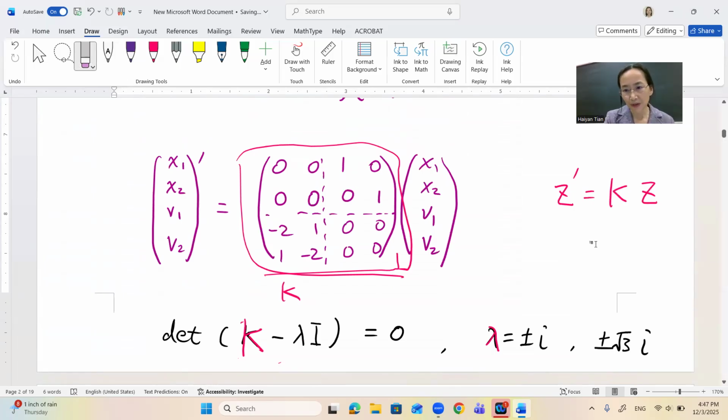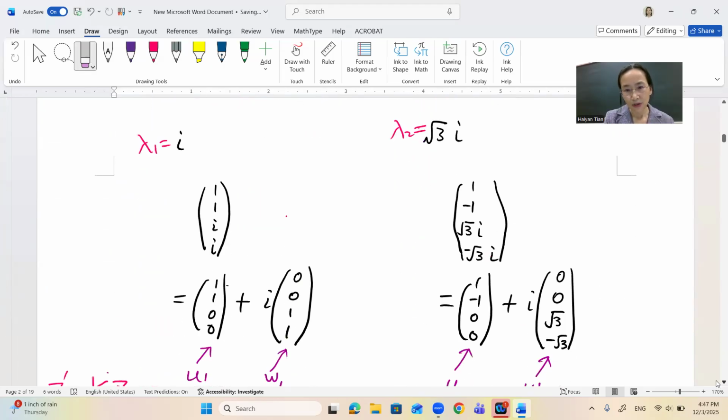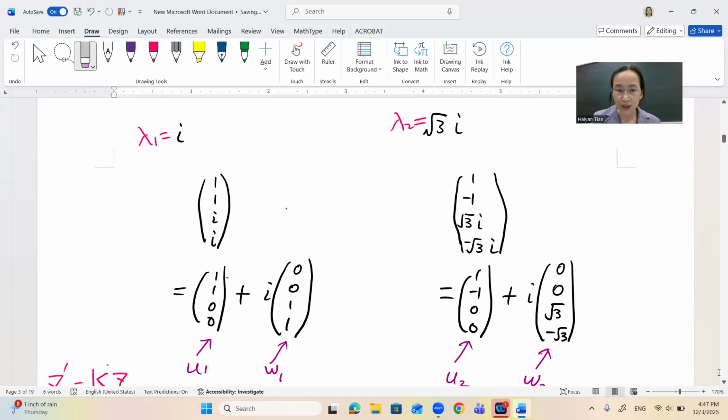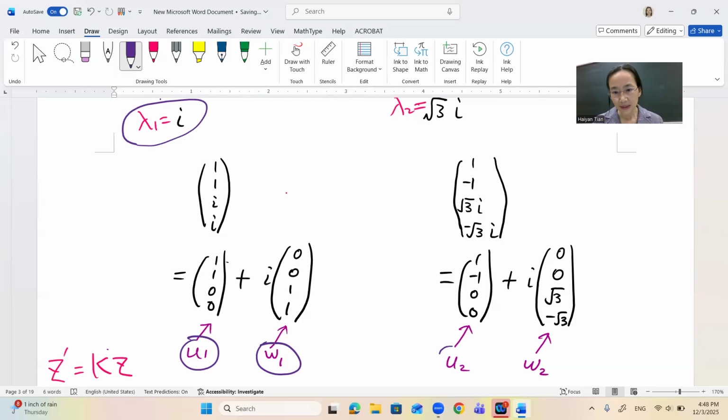So now let's remove the use of the same notation. I don't need that V1, V2 because, after splitting that eigenvector into real part and imaginary part, that's the part I need, right? This is the real and imaginary part of the eigenvector corresponding to this eigenvalue, and this is the real and imaginary part of the eigenvector corresponding to the other eigenvalue.